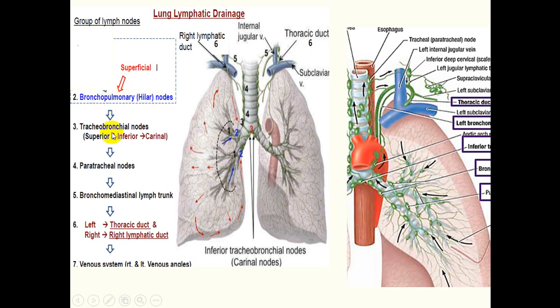There onwards, the rest of the pathway is the same as that of the superficial. This is going to drain into tracheobronchial, then into the paratracheal, and finally into thoracic and right lymphatic ducts.